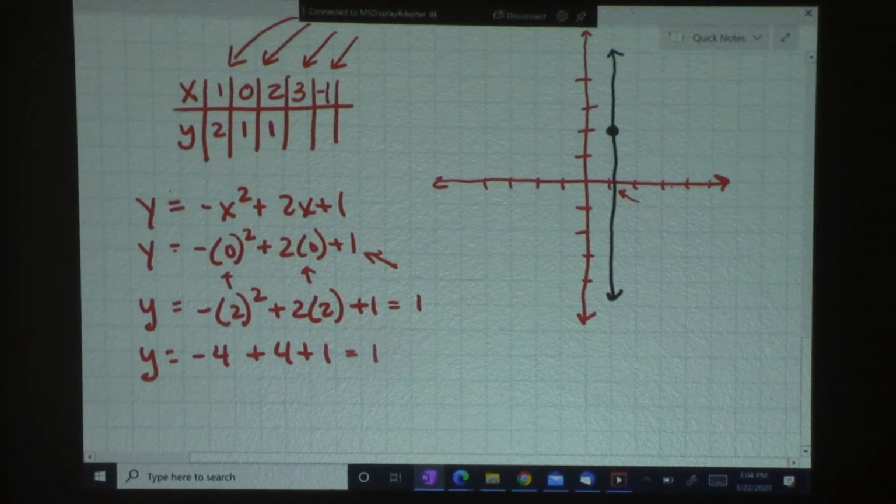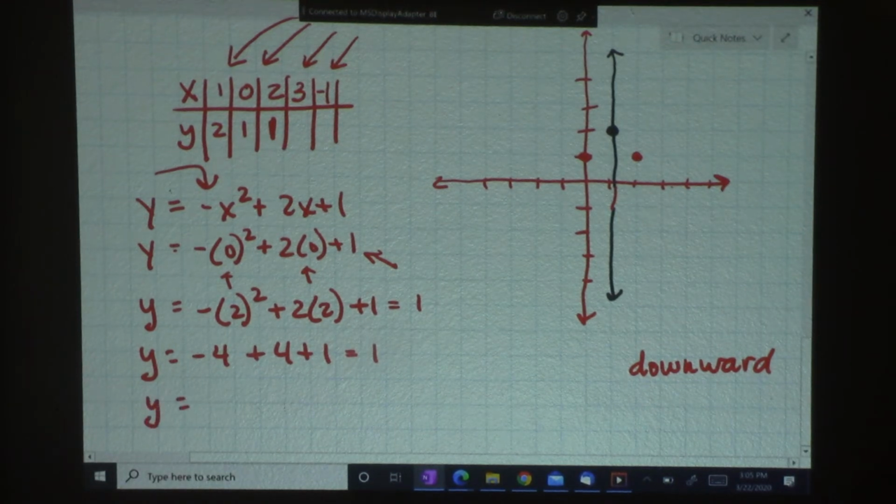So I'm going to have a 1 there. Okay, let's start graphing those and see where they are. So I have 1, 2, 0, 1, and 2, 1. Do you see how that's shaping up? I know because the x squared term is negative, this is going to go downward. It's going to be a downward curve. All right? So I can see how this is shaping up.